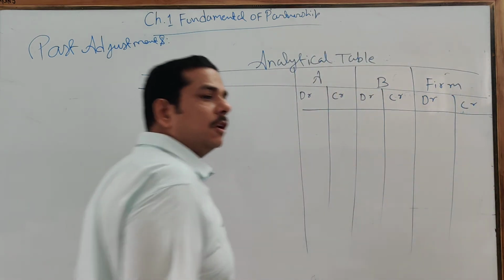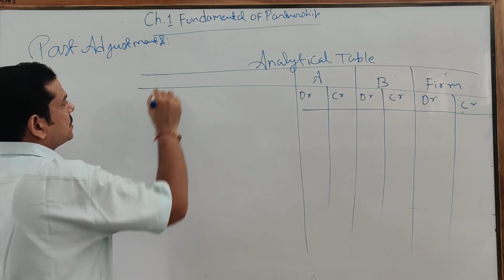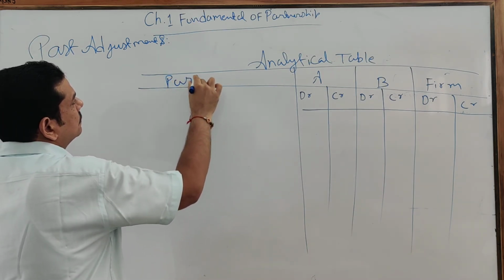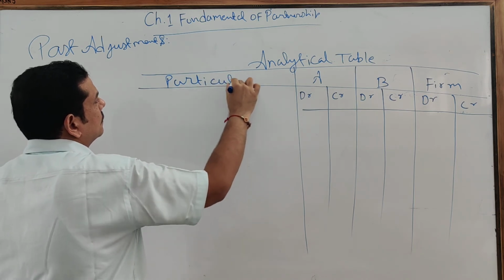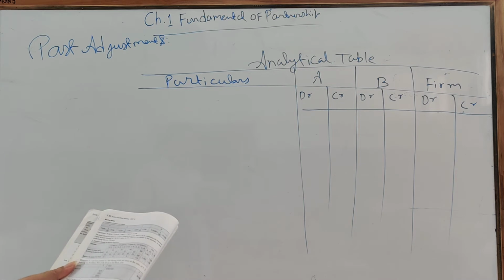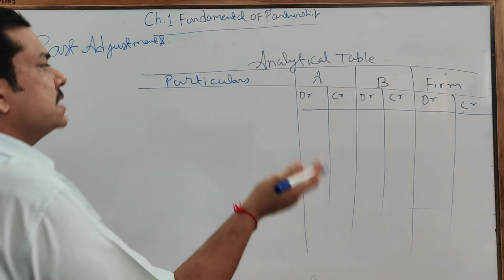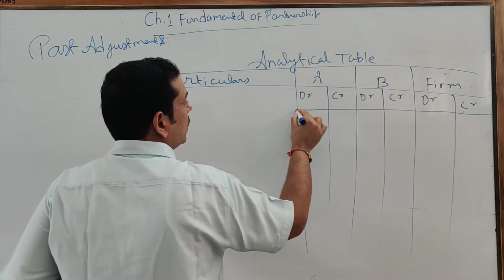In the last, prepare a column for the firm also in order to have a better view, otherwise you have to make a P&L appropriation account. Now see here, one condition is there: profit of 30,000 for the year was already distributed. This means profit is already credited, so we have to adjust profit also.